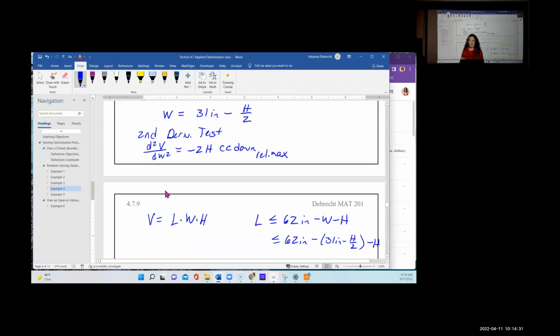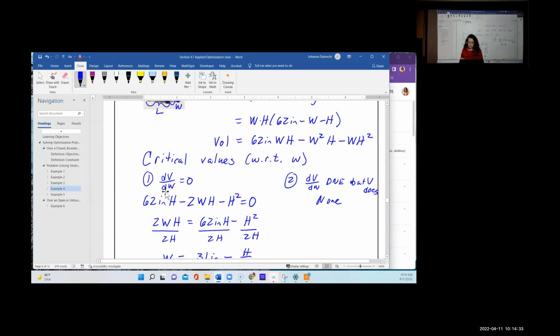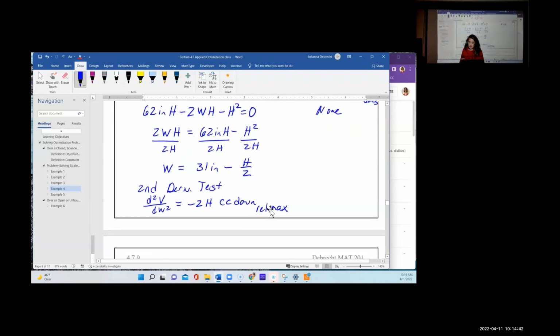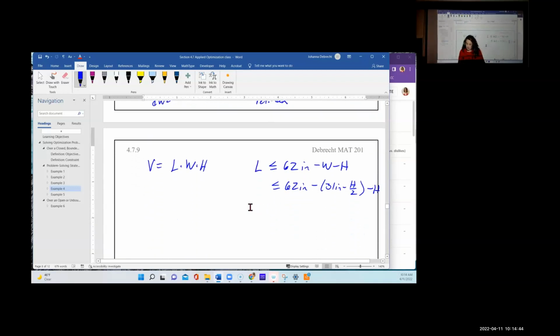Is everybody following what I'm doing? I went back up to the original problem where I solved for L, 62 inches minus W minus H, to find L based on W. And then I'm going to distribute the negative, which gives me 62 inches minus 31 inches plus H over 2 minus H, which is less than or equal to 31 inches minus H over 2.